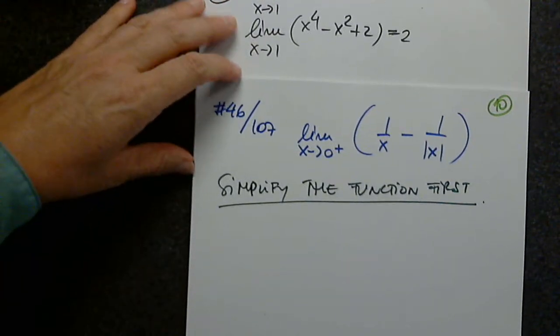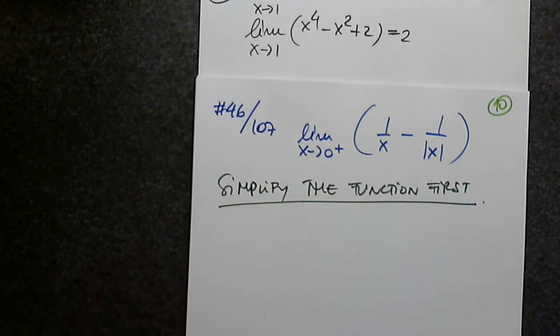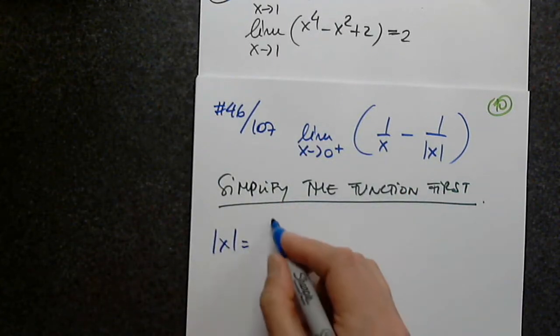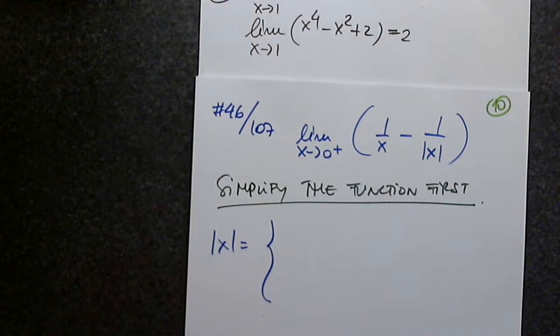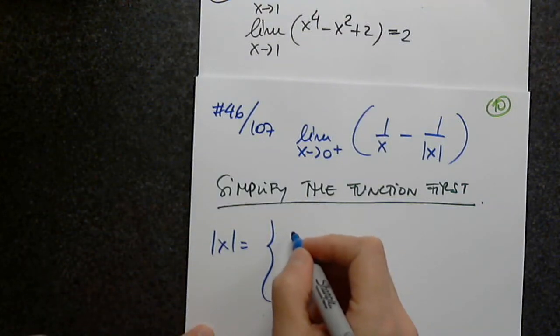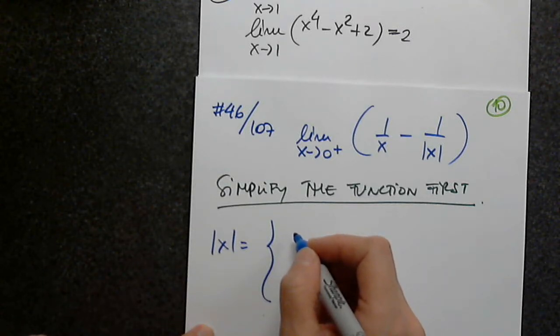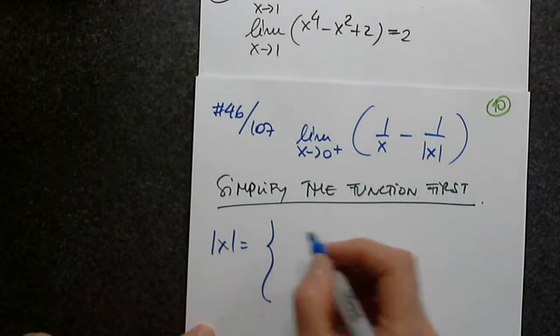In these situations, we have to start with this. That's our starting point, the absolute value of x. Do we remember what are the options for the absolute value of x? The formal definition of the absolute value of x. What are the two options?